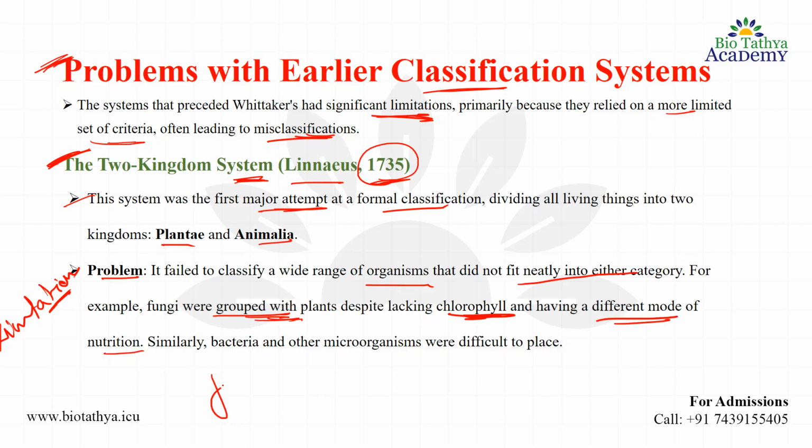Fungi are always heterotrophic. They cannot make their own food. But plants are always autotrophic. They can make their own food.